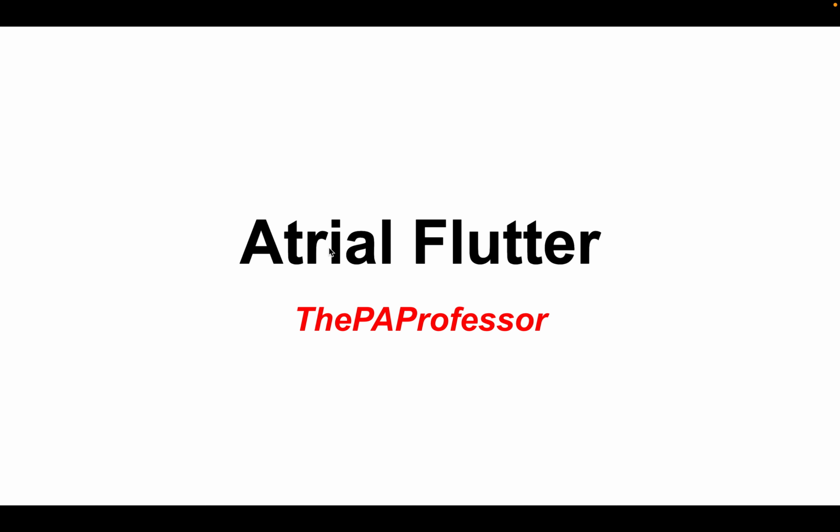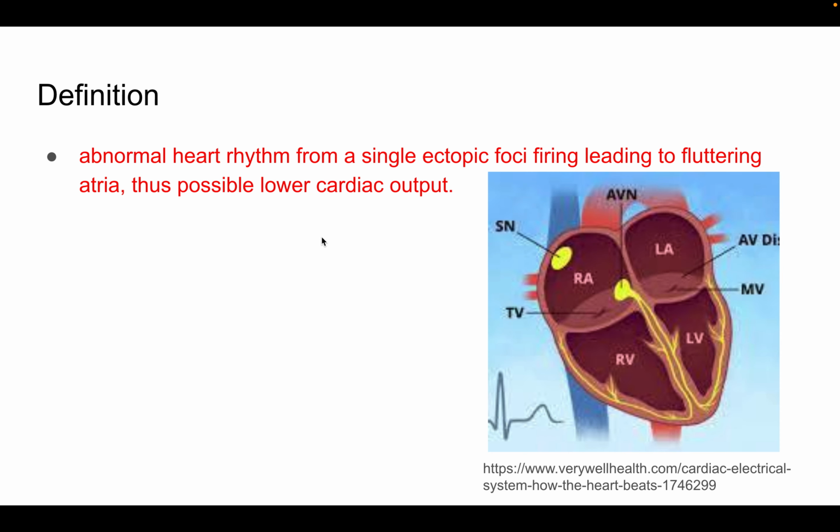So let's begin. If you know nothing about atrial flutter, just read and interpret. Atrial pertains to the atria of the heart, and then flutter just means like a motion, like fluttering or quivering, almost like atrial fibrillation. So the atria is fluttering, and this is due to a cardiac arrhythmia.